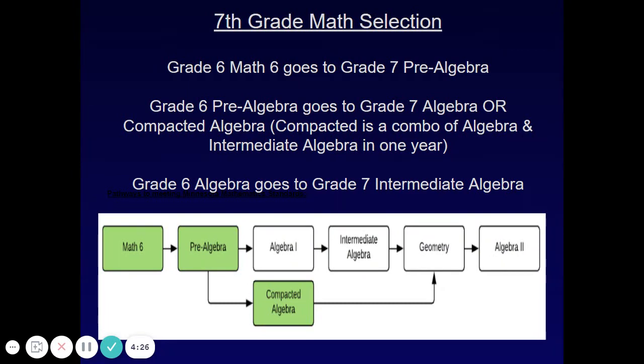Compacted Algebra is a class that combines Algebra 1 and Intermediate Algebra into a 1-year course. Your teacher would make the recommendation for you for compacted algebra. Any students that are currently in compacted algebra would go on to geometry.